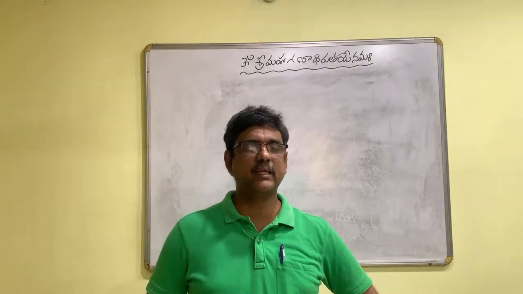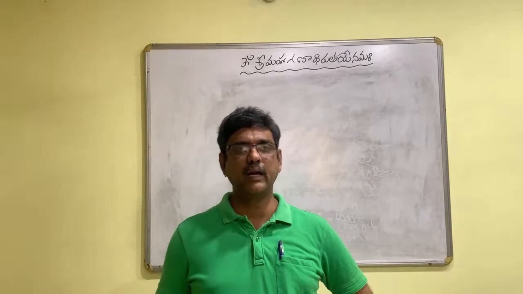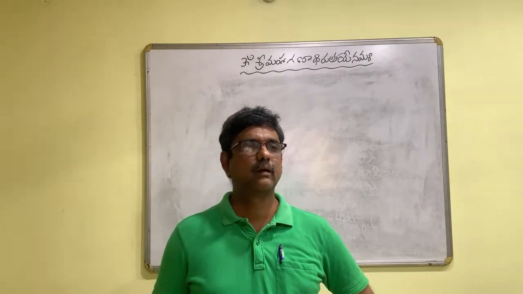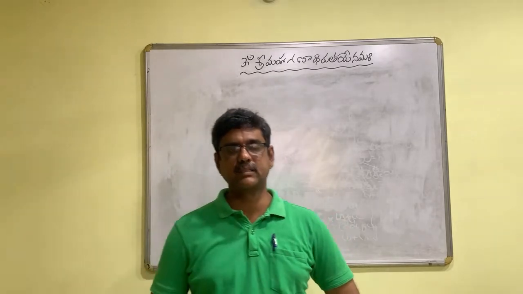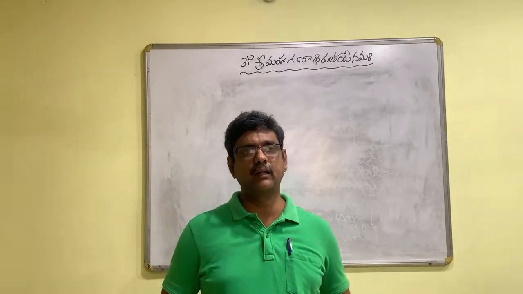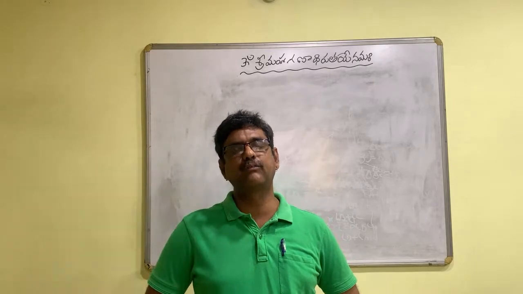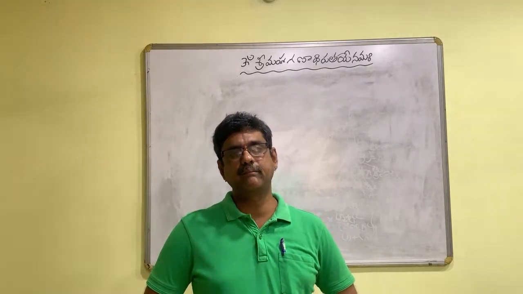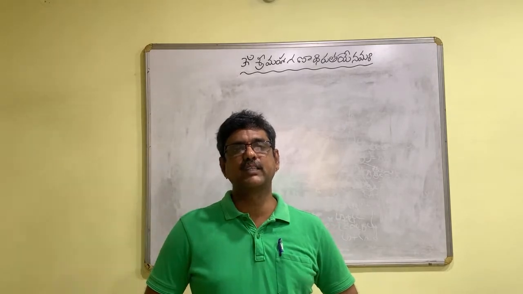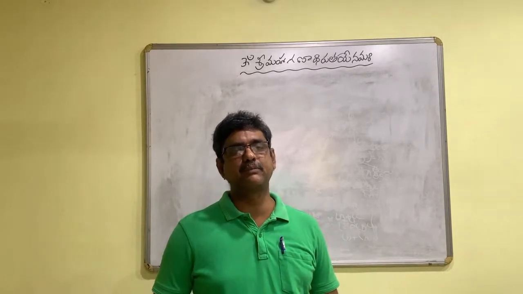Children, we are discussing quadrilaterals. Yesterday we discussed the introduction part of the quadrilateral, that quadrilaterals are of two types, convex and concave. Convex quadrilateral, again 7 types are there.